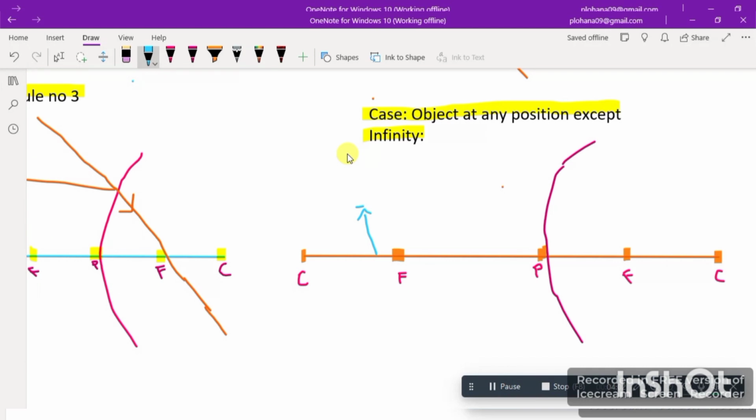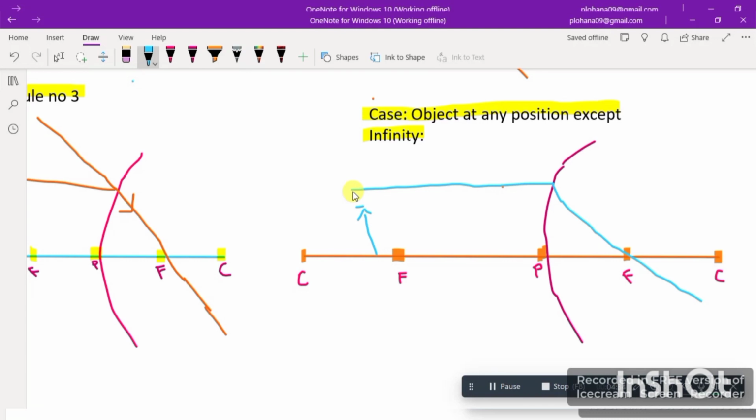The first rule was when a line is parallel to the principal axis it will always reflect back through the focal point. So if I am making a line here, this is the line parallel to the principal axis. It will always reflect through the focal point. This is focal point, right?